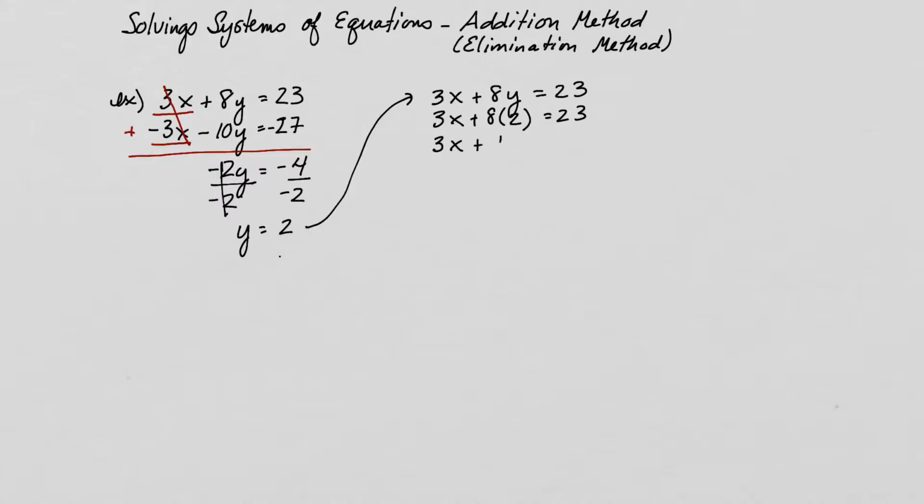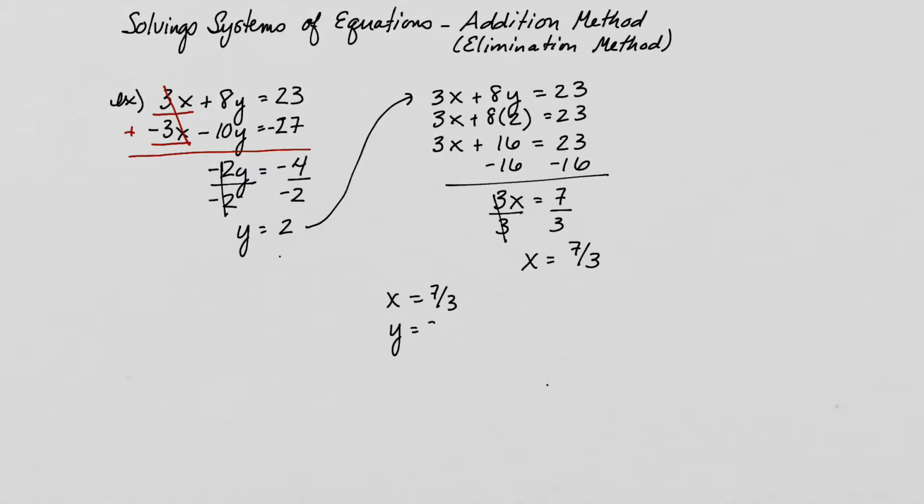So 3x plus 16 is equal to 23. I could subtract 16 from both sides. 23 minus 16 would be 7. And now I could divide both sides by 3. And so x turns out to be 7/3. And then just like before, I write x equals 7/3, y equals 2, or I could write the ordered pair 7/3, comma 2.